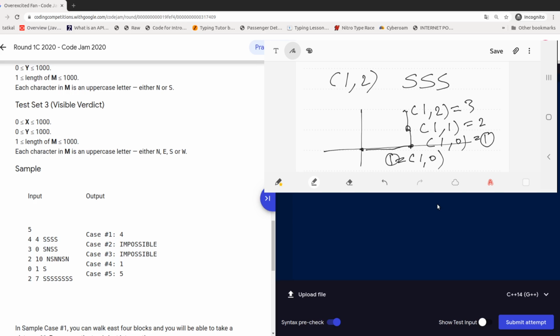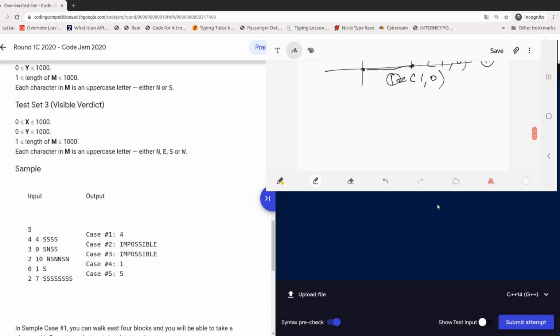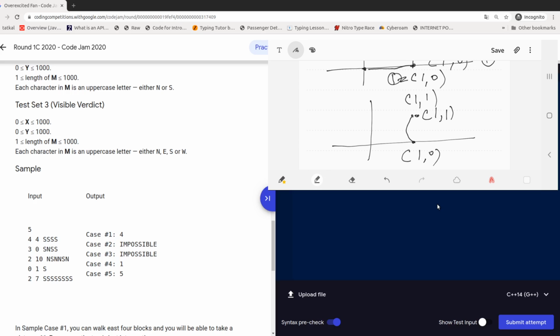But if you do not choose to stay here, suppose when you are at 1, 0 and the person is at 1, 1, you move to 1, 1 and the person moves from 1, 1 to 1, 0.